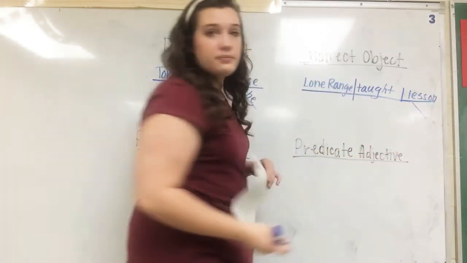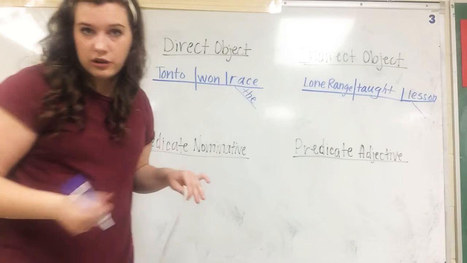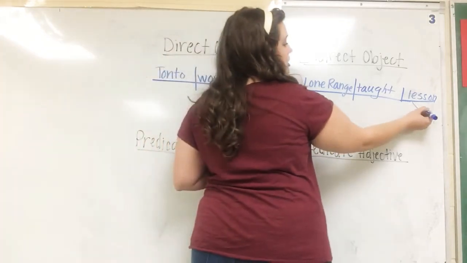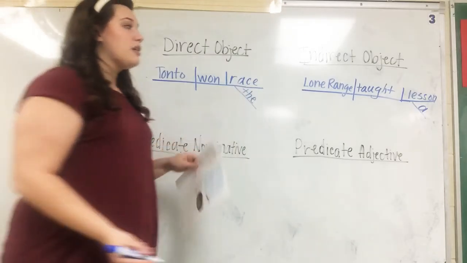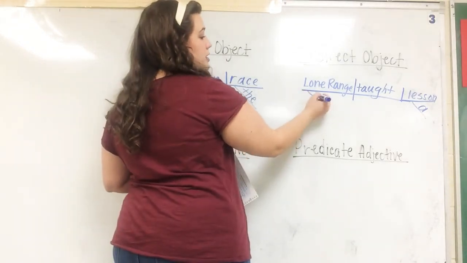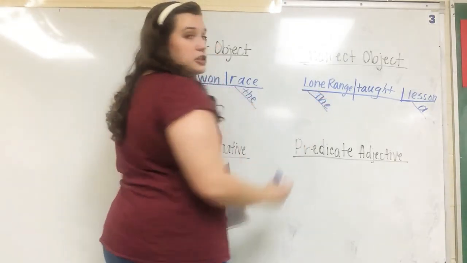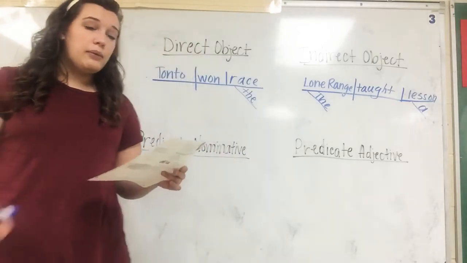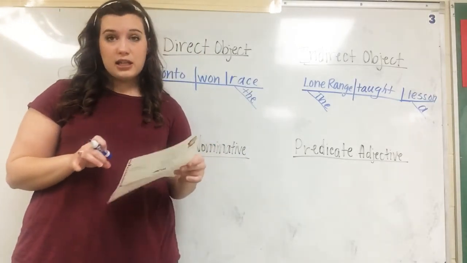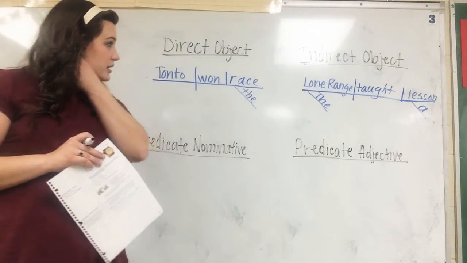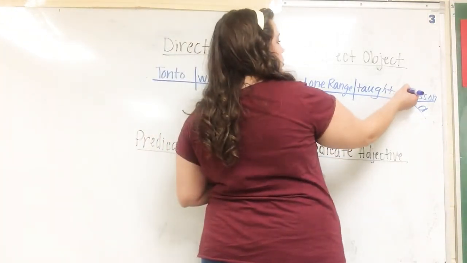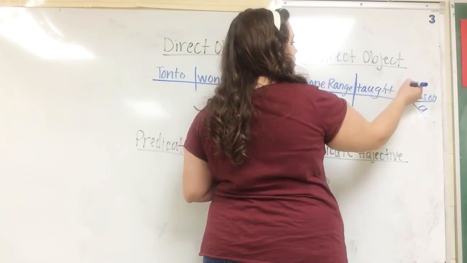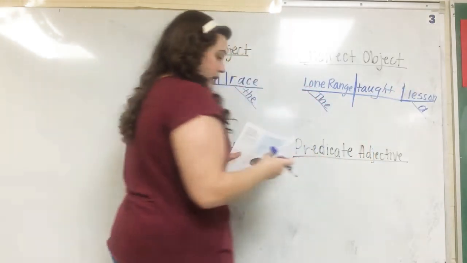And a is an article that describes lesson, so that's an adjective. It's going to drop down from there. Same with the is another article, so that describes Lone Ranger, so we need to drop it down there. Now what we're missing is wrestler is the indirect object, okay? It tells me more about he taught who a lesson or what a lesson. He taught a wrestler a lesson.